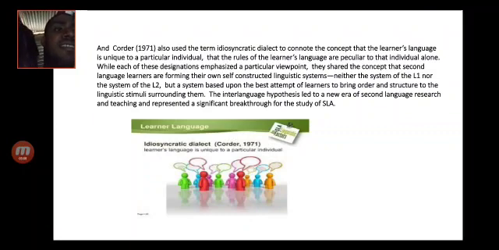Neither the system of the L1 nor the system of the L2, but a system based upon the best attempts of learners to bring order and structure to the linguistic stimulus surrounding them. The interlanguage hypothesis led to a new era of second language research and teaching and represents a significant breakthrough from the study of errors.